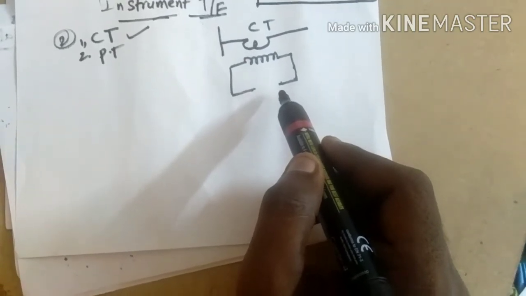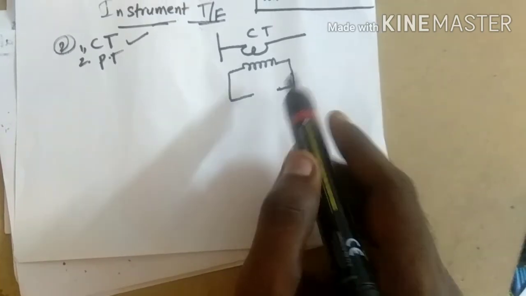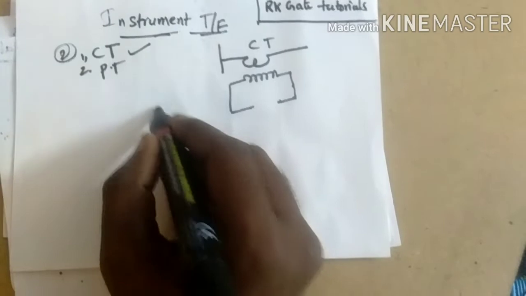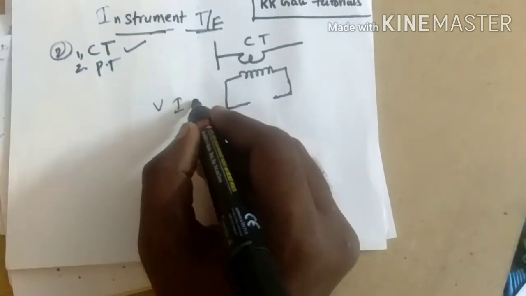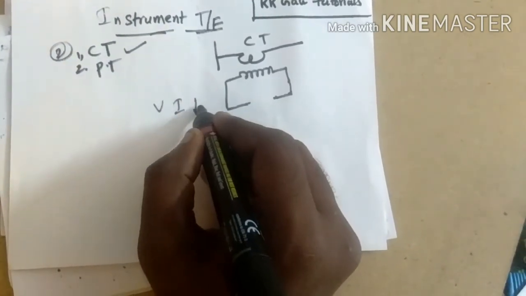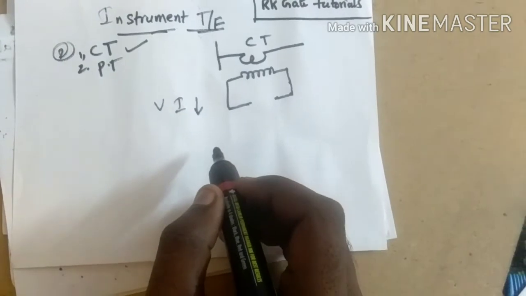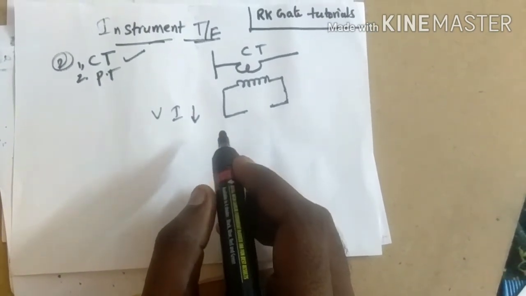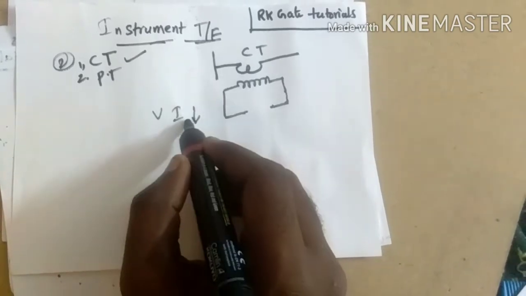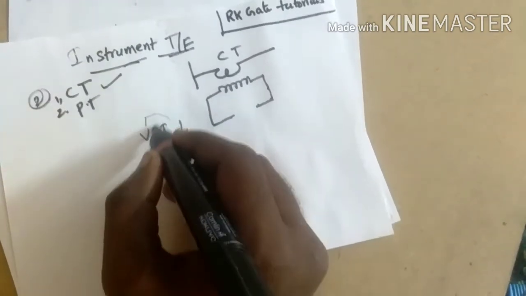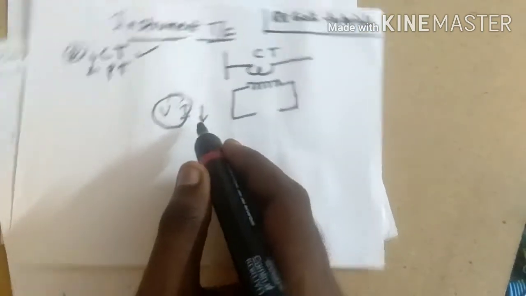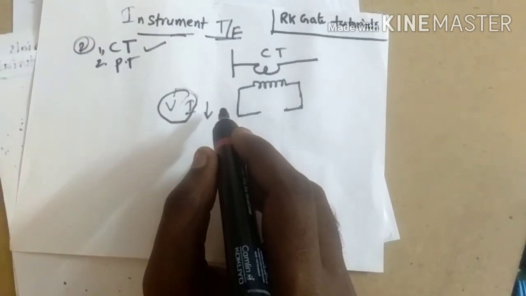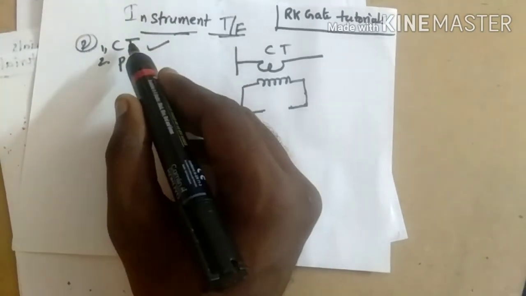So then what happens? The voltage and current magnitudes must be decreased. Then how will the magnitudes of the voltages and currents be decreased? That is the task done by the CT.